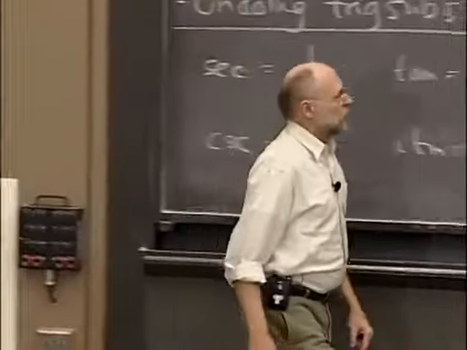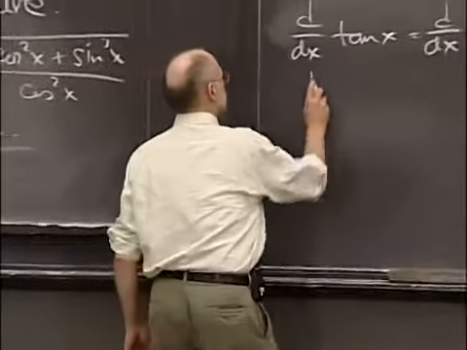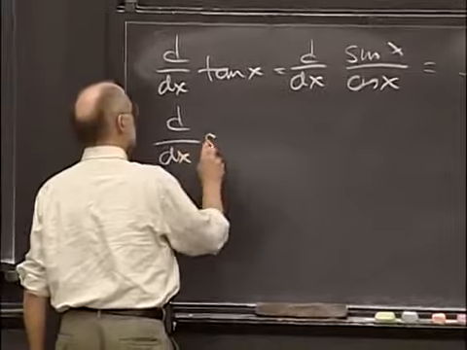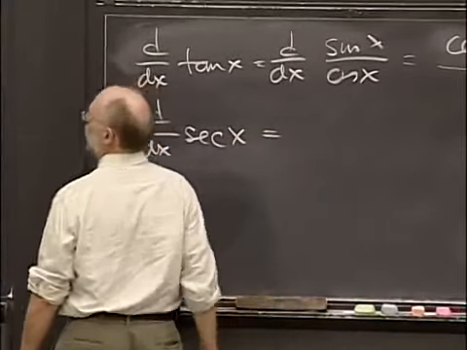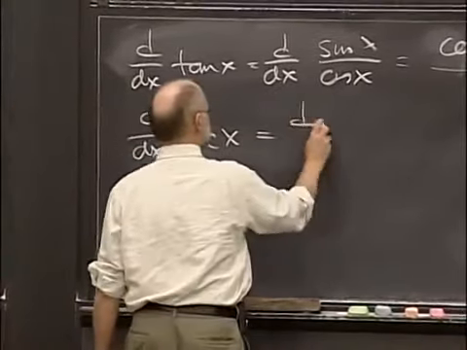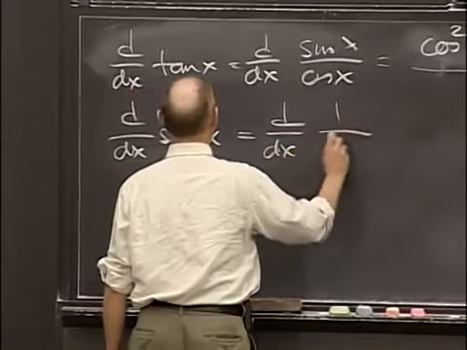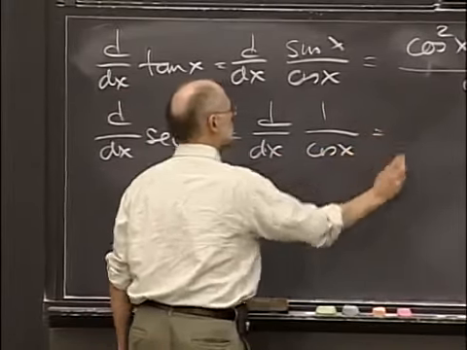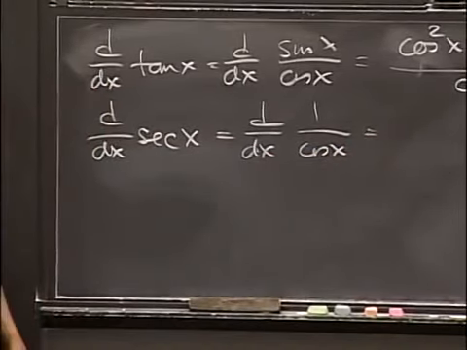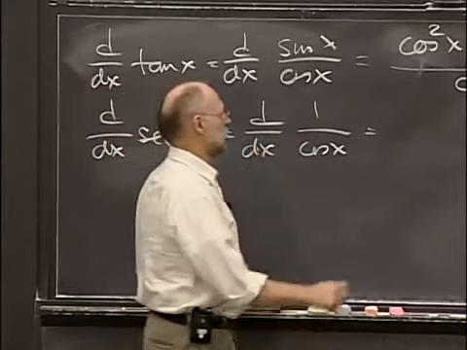Well, let's just do the second one as well. So if I want to differentiate the secant, that's d dx of 1 over the cosine. And again, I have a quotient. This one's a little easier because the numerator is so simple.